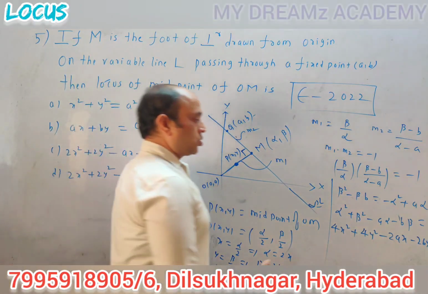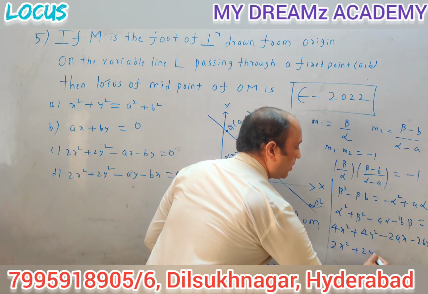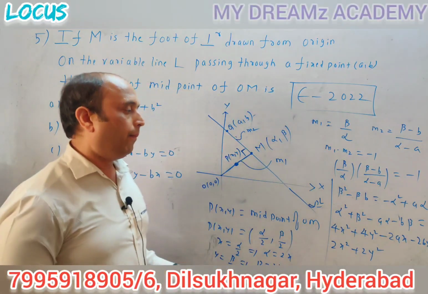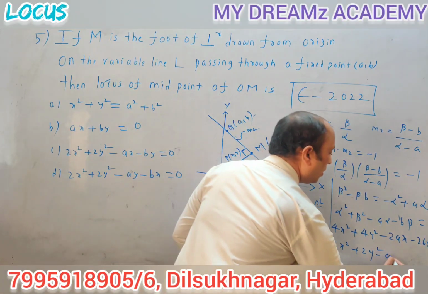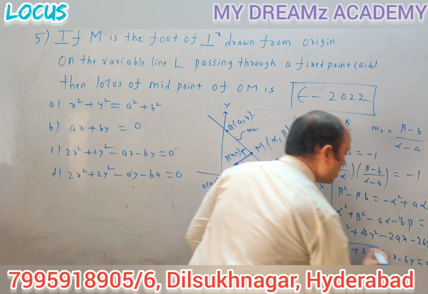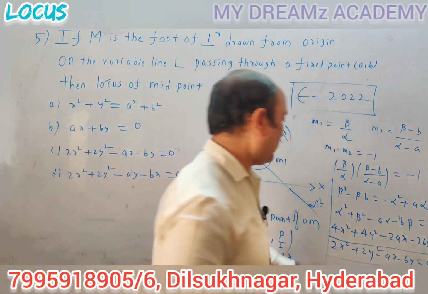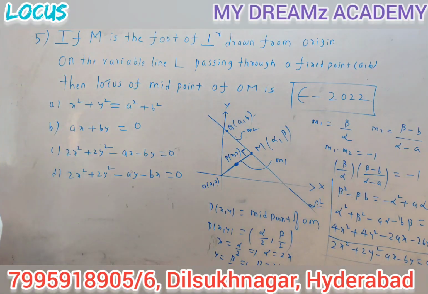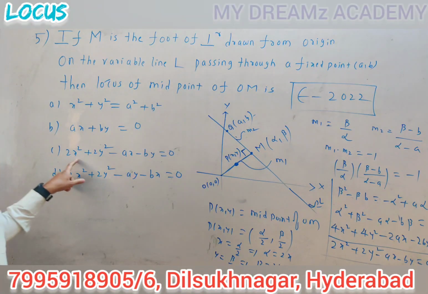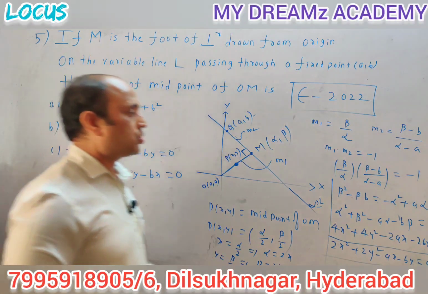Take 2 common: 2x square plus 2y square minus ax minus by equal to 0.